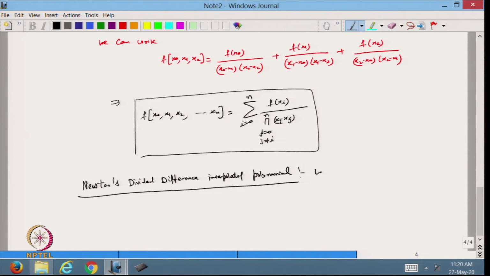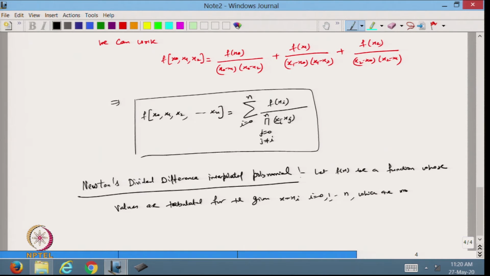Let the function f(x) be a function whose values are tabulated for the given x equal to xi, i moving from 0, 1 up to n, which are not necessarily equidistant.